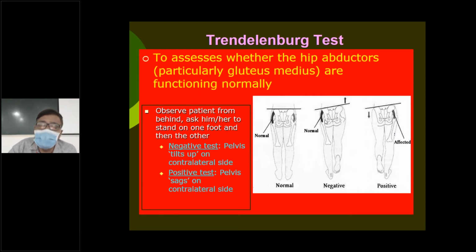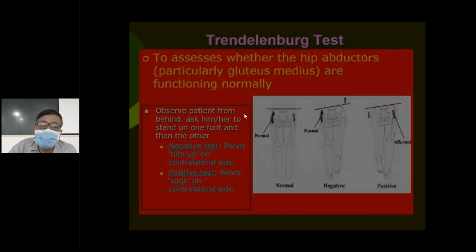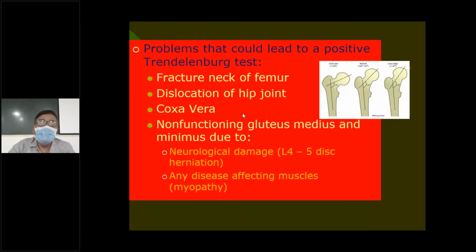Whereas if it tilts, then it is a positive test. This is something which I said in detail yesterday. Why is the test positive? If the test is positive, that means the gluteus medius and minimus are at fault. What can be the reasons? Any fracture of the neck of the femur, or dislocation of the hip joint, coxa vara, etc., or neurological damage. Also, the Trendelenburg test can be positive.